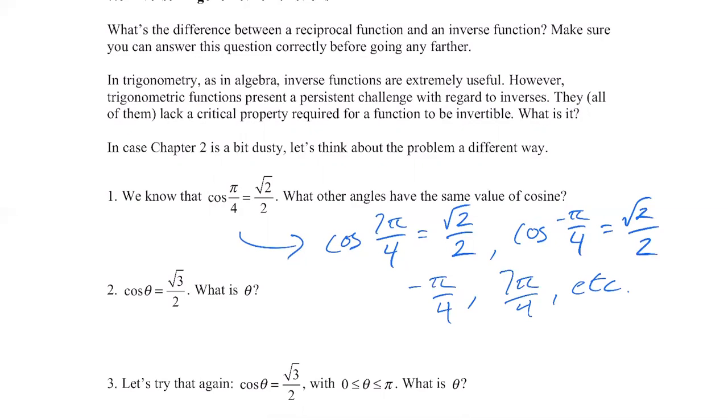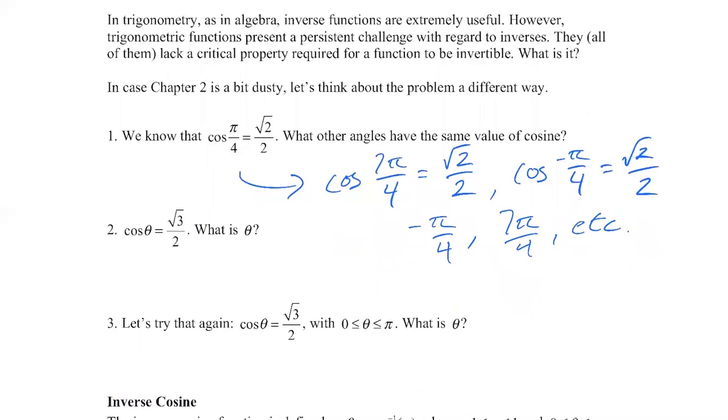Number 2, the cosine of theta is equal to root 3 over 2. What is theta? Well, I look at it and I think that theta is pi over 6. But my friend says, no, that's not theta, I think that theta is 11 pi over 6.